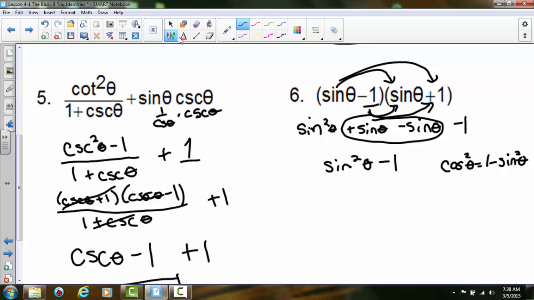So then I was like, okay, well, if I worked with this just a little bit, really the signs are just changed because one is positive and one is negative. So I thought, if I multiply everything by -1, which is a legal move in algebra, as long as we multiply everything by the same thing, I would have negative cosine squared theta equals -1 plus sine squared theta. And since addition's commutative, that would be the same thing. So I could replace all of this simply with negative cosine squared theta.